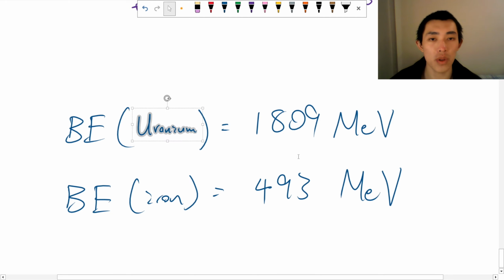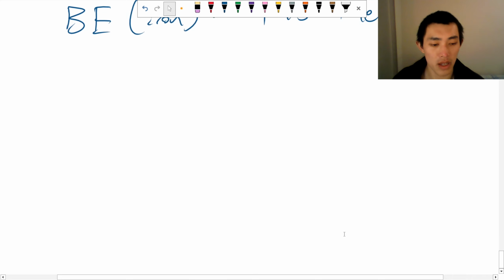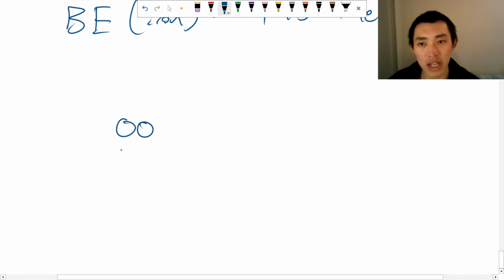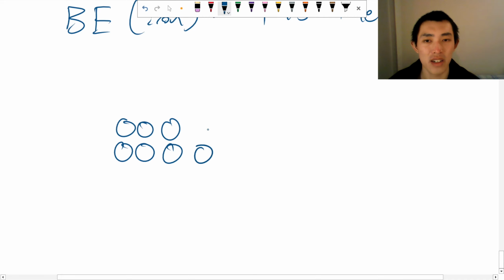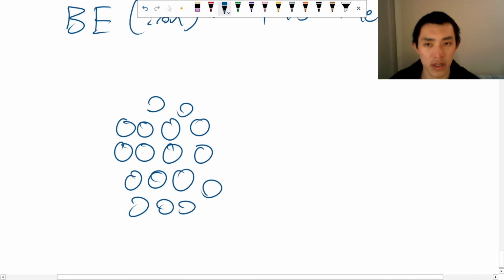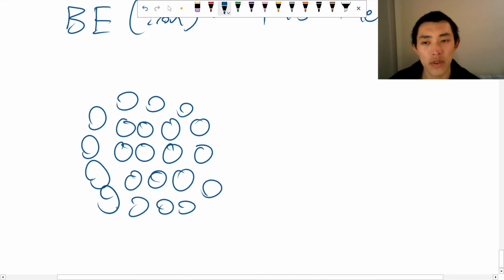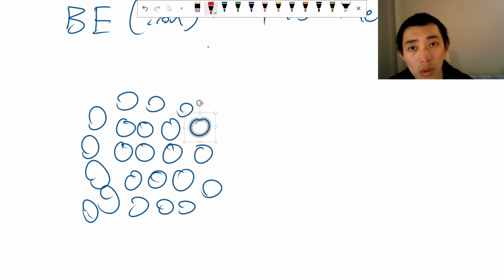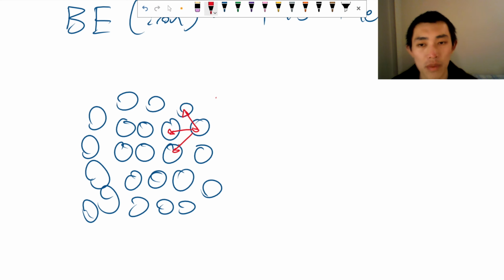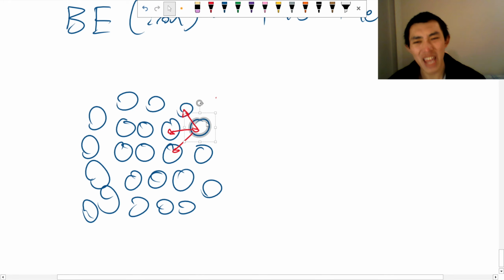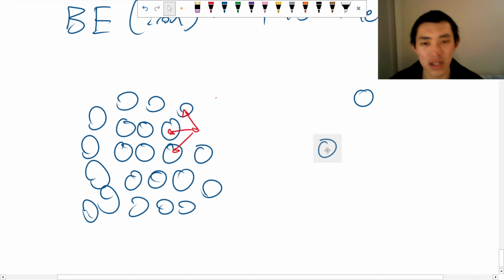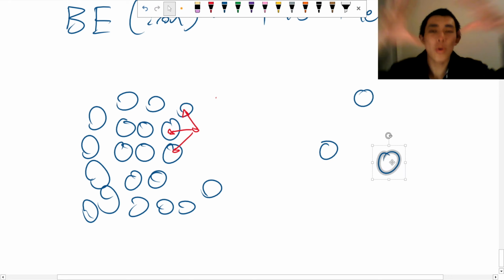And the reason is that uranium simply has more nucleons. Uranium has, I think, 230-something nucleons. If you imagine the more of these that you have, and remember, all of them have an attractive strong force with each other, the more energy you need to put in, because you have to remove this one, and this one, and this one.